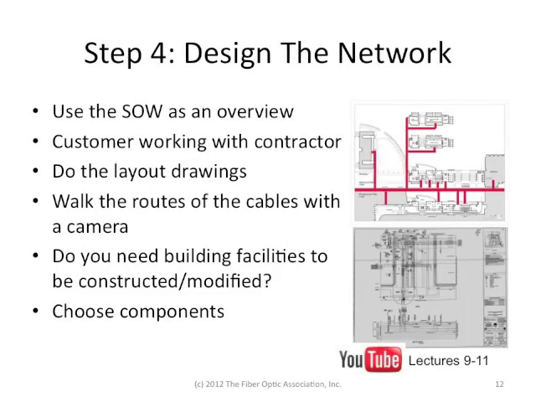We use the scope of work as an overview, and the customer for the network and the contractor cooperate. They start doing layout drawings, showing where the cables will run.